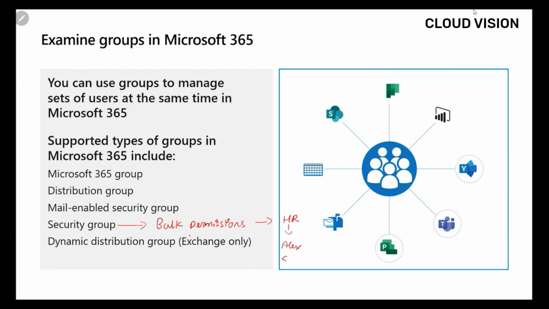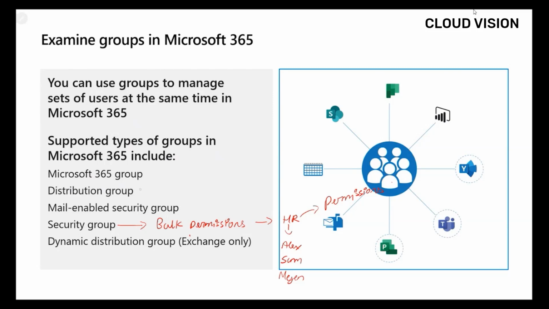Let's say Alex, Sam, and Megan. And now instead of assigning permissions to these individual user accounts, you can assign permission directly to the security group, and all the members who are part of that group will automatically inherit permissions from that group. So it becomes easier for you to manage users and their permissions.